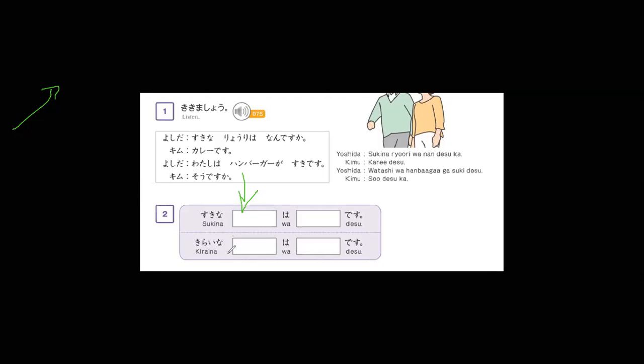I hate fruit, maybe. 嫌いな食べ物は果物です。There's another expression. 果物は嫌いです。Okay, there are two ways of expression. 嫌いな食べ物は果物です。果物は嫌いです。Okay. Or 果物が嫌いです。Both are correct.